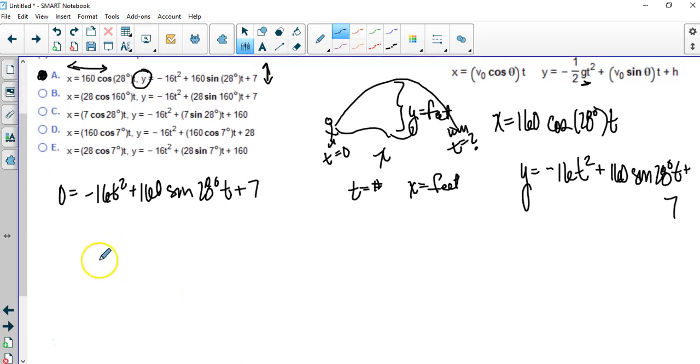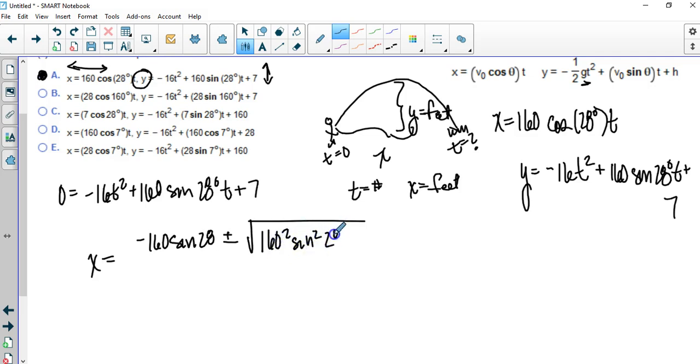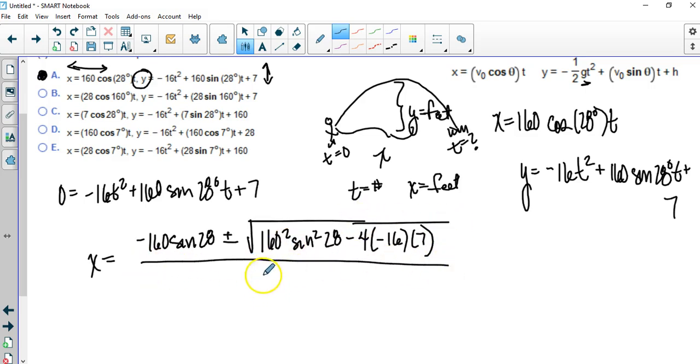Quadratic equation is x equals negative b, so that's a negative 160 sine, plus or minus the square root of b squared, goodness, 160 squared times sine squared of 28, minus 4 times a times c, all over 2 times a.